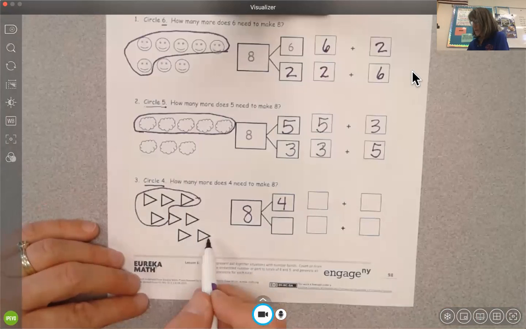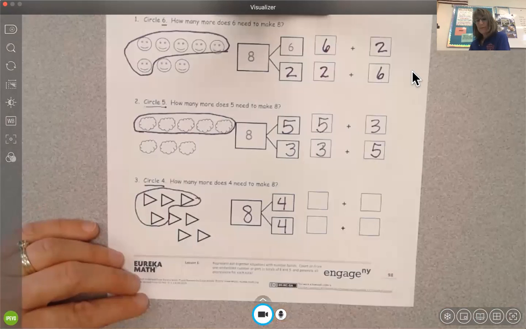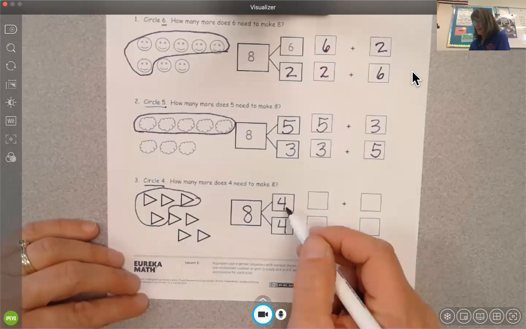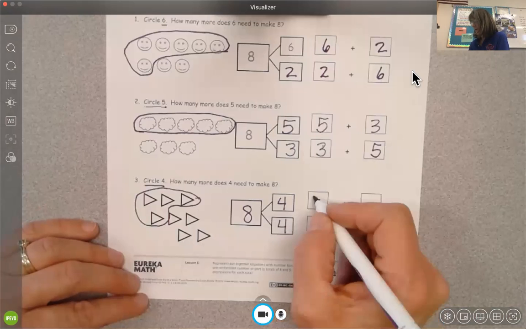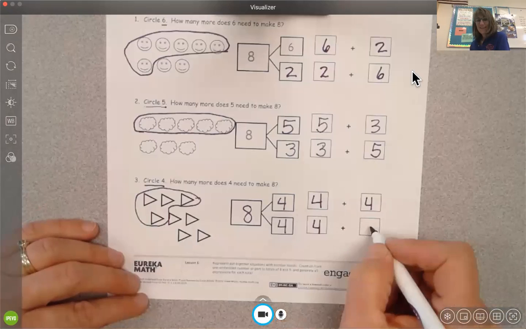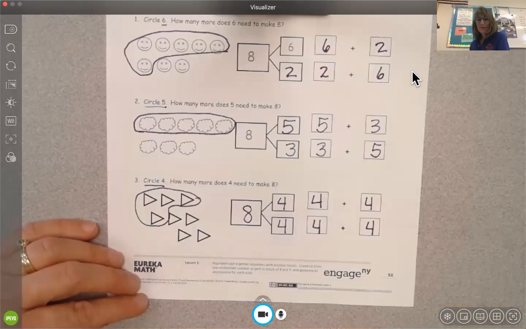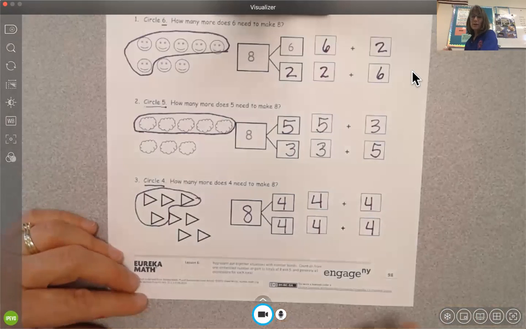So our other number bond is 4. We have parts of the number are 4 and 4. Those are the breaking down of 8. And we can kind of write a different equation, but it's not really a different equation, is it? It's still just 4 plus 4 and 4 plus 4, because they're doubles, right? When you learn your doubles, it comes easy. So work hard at learning your doubles.